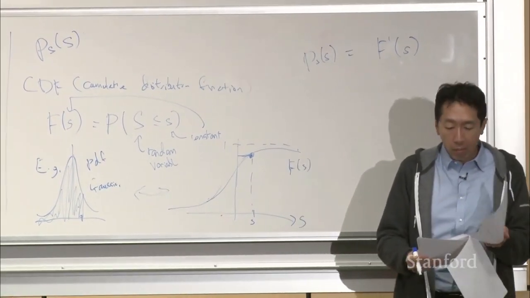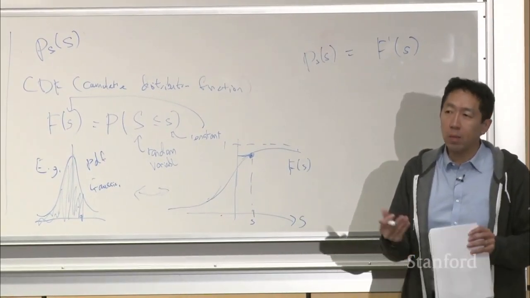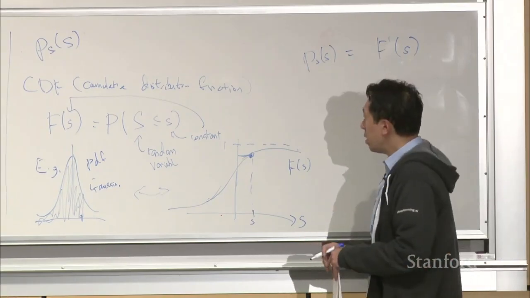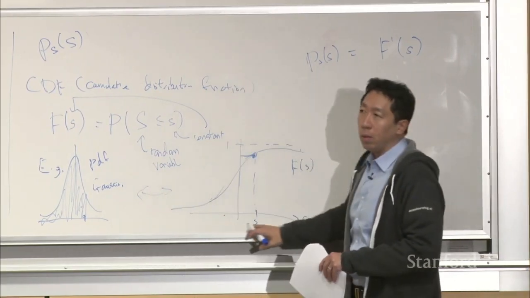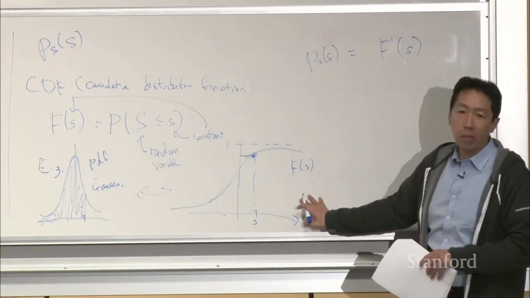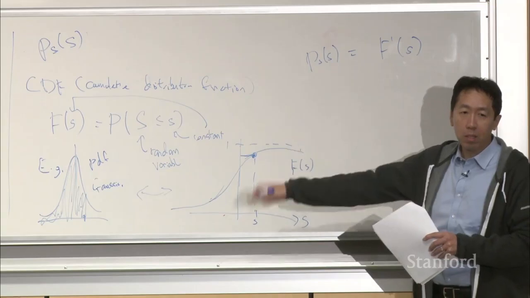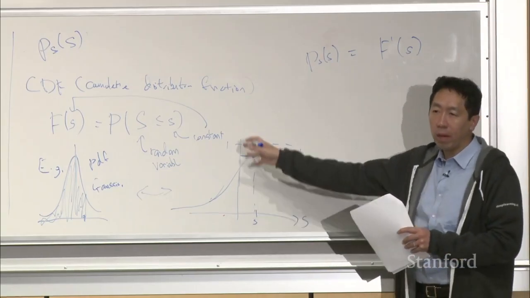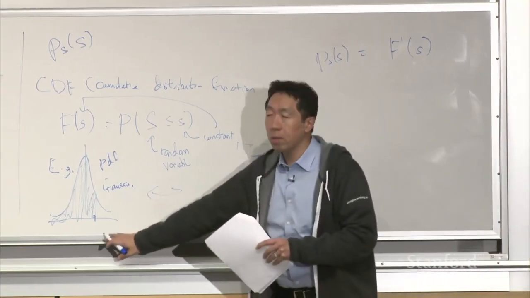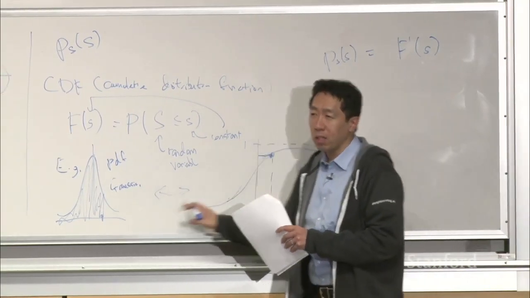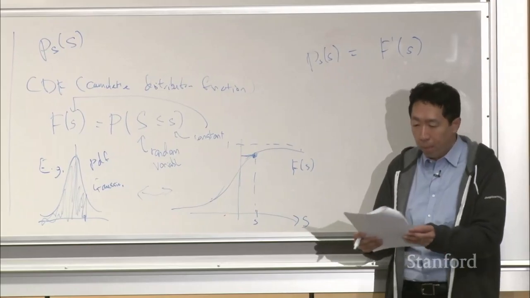But so I think in order to specify some random variable, we could either specify the PDF, the probability density function, or you could specify the CDF, which is just, tell me what's the chance of the random variable taking on any value less than any particular value s. And by taking the derivative of this, you can always recover the PDF. And by integrating this, you can always go to the CDF, okay?